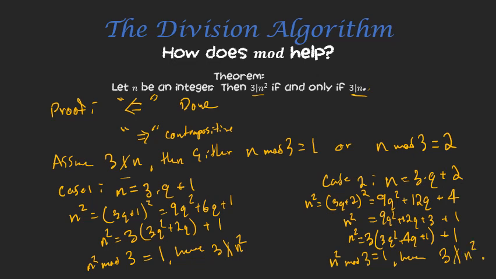Notice we actually could have shown something stronger than what we proved here, because in either case, it turned out that n squared mod 3 was 1. So we could have stated this as: if 3 does not divide n, then n squared mod 3 is 1.